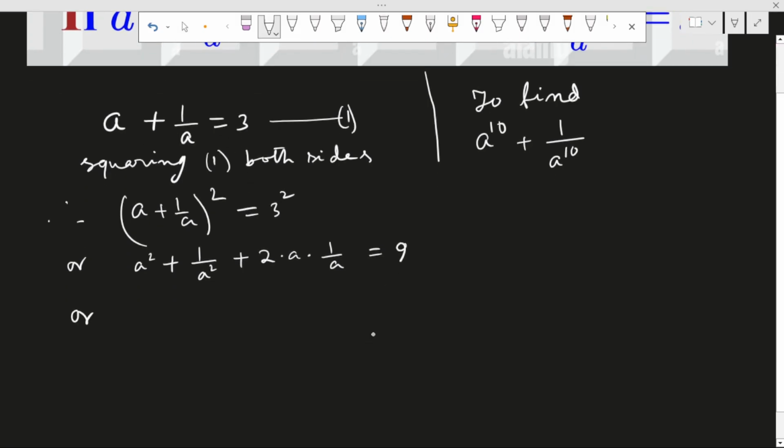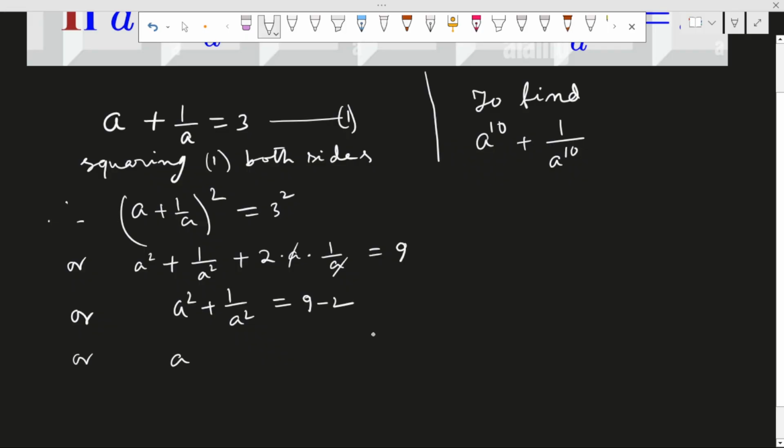Or a square plus 1 by a square, plus 2, this a cancelled as a not equal to 0, that is equal to 9. Transposing the 2 to the right, minus 2.